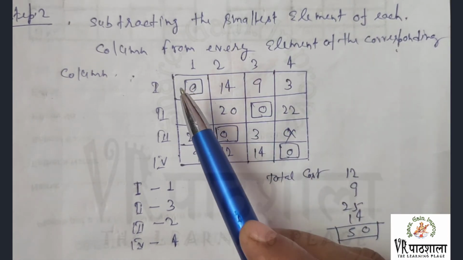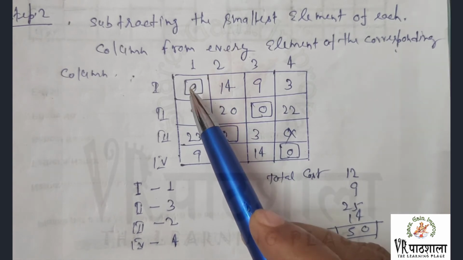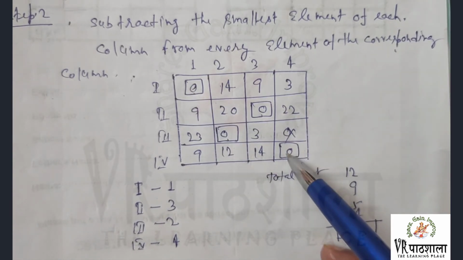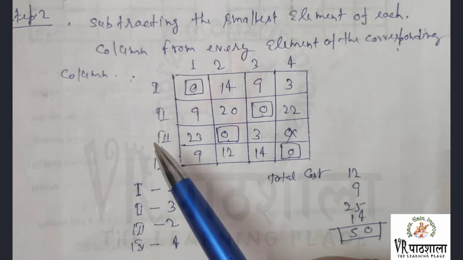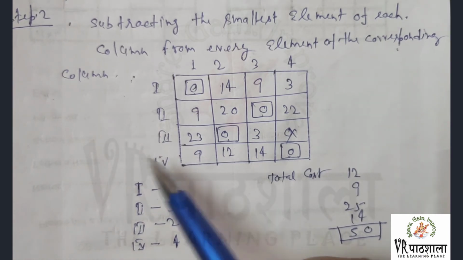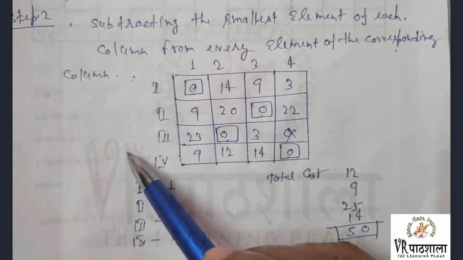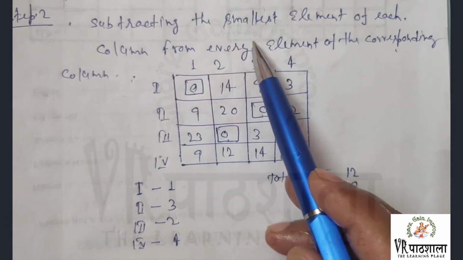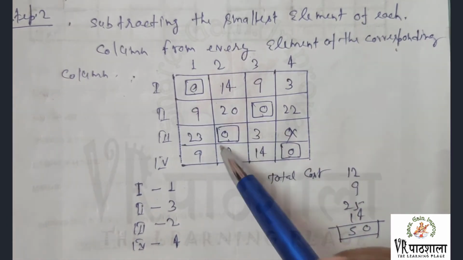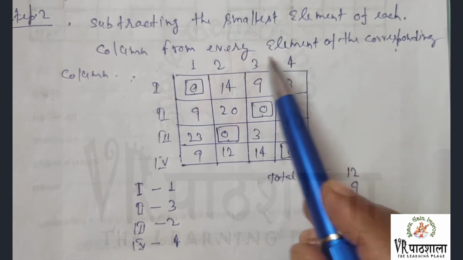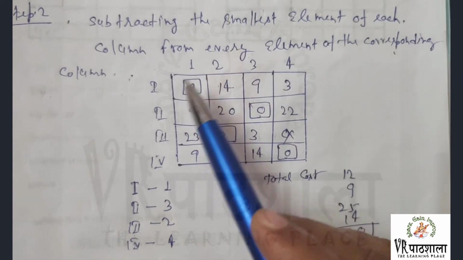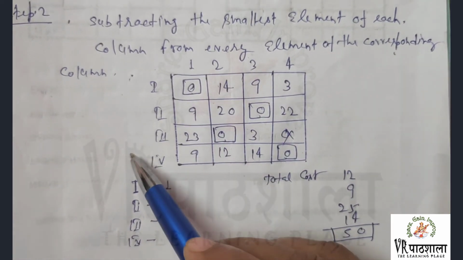Now we have 4 assignments, 1, 2, 3 and 4, and the problem is 4 by 4, that is, the number of persons is 4 and the number of jobs is 4, and we have the 4 assignments, so the problem has an optimum solution at this level.